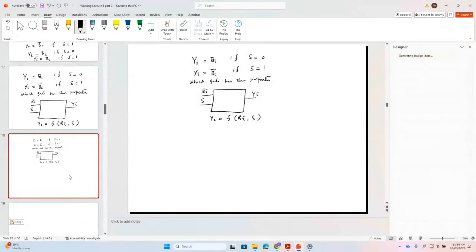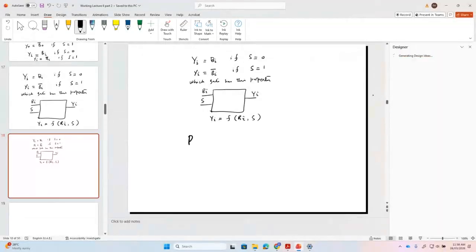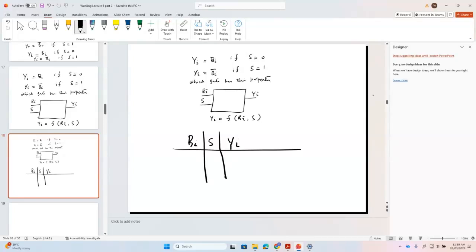Okay, now I'm explaining this thing. So yi will be equal to bi. Now we have bi and s, and now we have yi. There are four combinations of bi and s: 0 0, 0 1, 1 0, and 1 1.